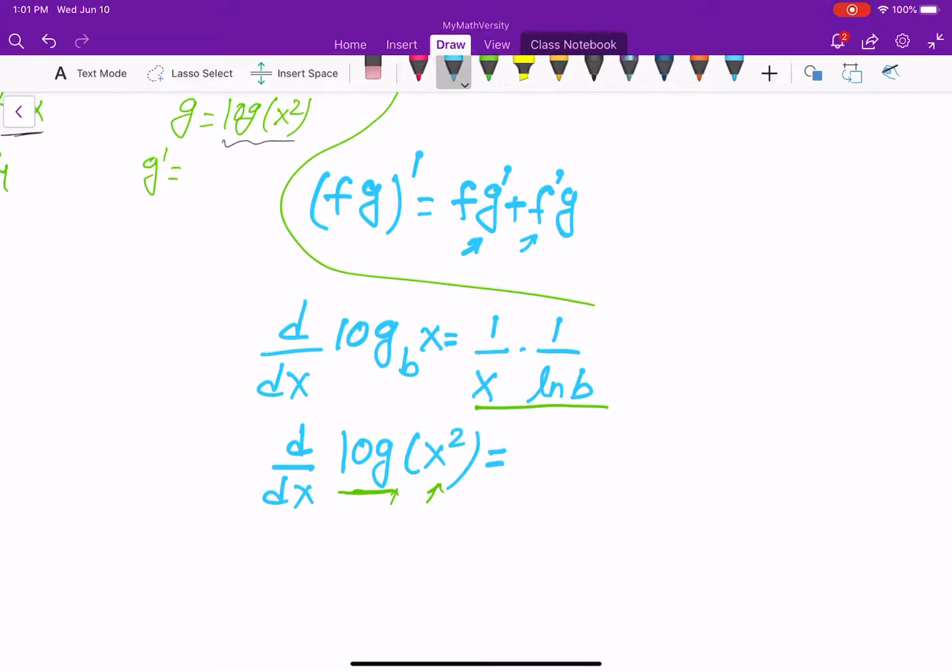So let's write that down. Let's first find the derivative of log to the base 10, so that might be easy for us to directly apply. By using this formula, log to the base 10 of x, its derivative will be 1 over x times 1 over ln of, what is b here, 10, so 1 over ln 10.